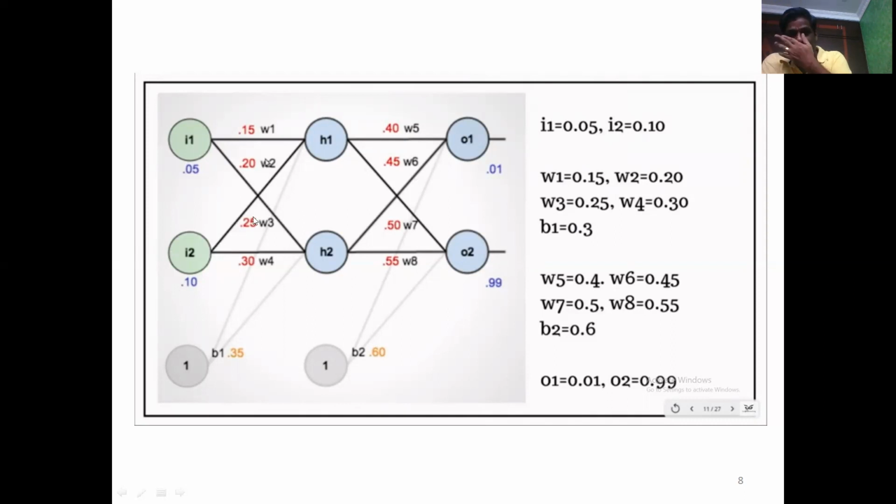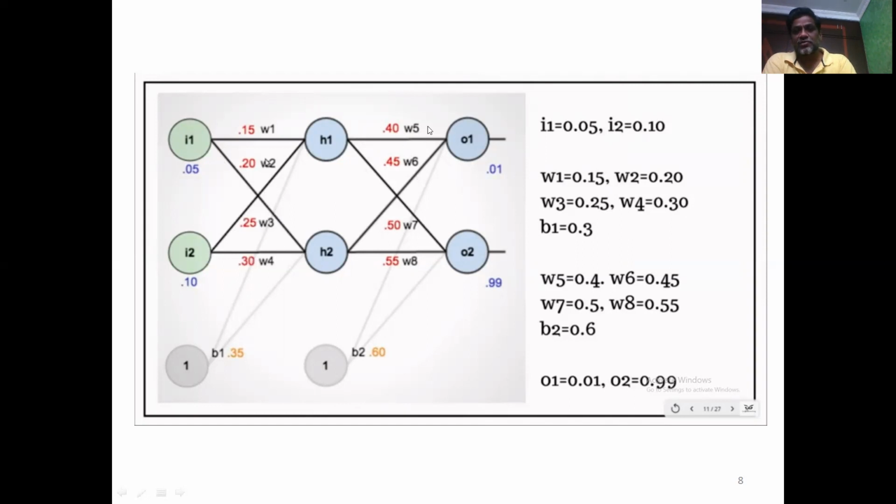For the connecting weights, I'm taking some random values here. W1 is 0.15, W2 is 0.20, W3 is 0.25, and W4 is 0.30.